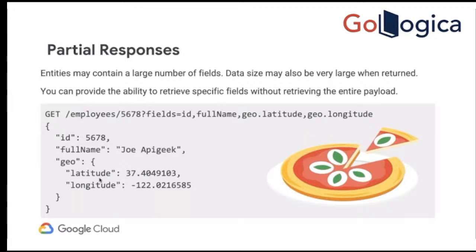That way it works better especially for small devices, mobile devices, where space is a major concern. You are also protecting your data from exposure. You're not sending a lot of data, only the data which is required.